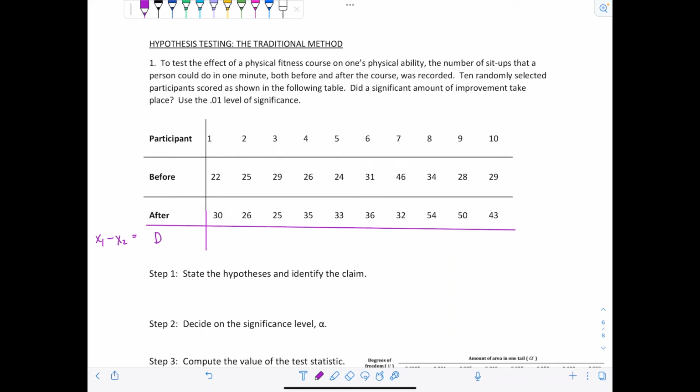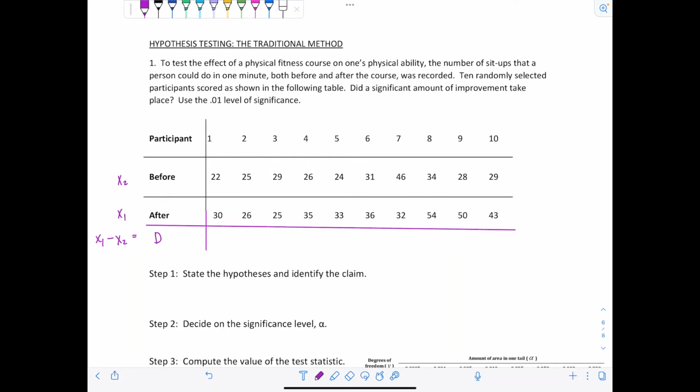And that would not be good because if you do x1 minus x2 and they could do more sit-ups, then that difference would be negative, which is kind of a weird way for your brain to think about it. So I'm going to call after x1 and before x2. That way, if you do more sit-ups, then that difference will be positive, right?